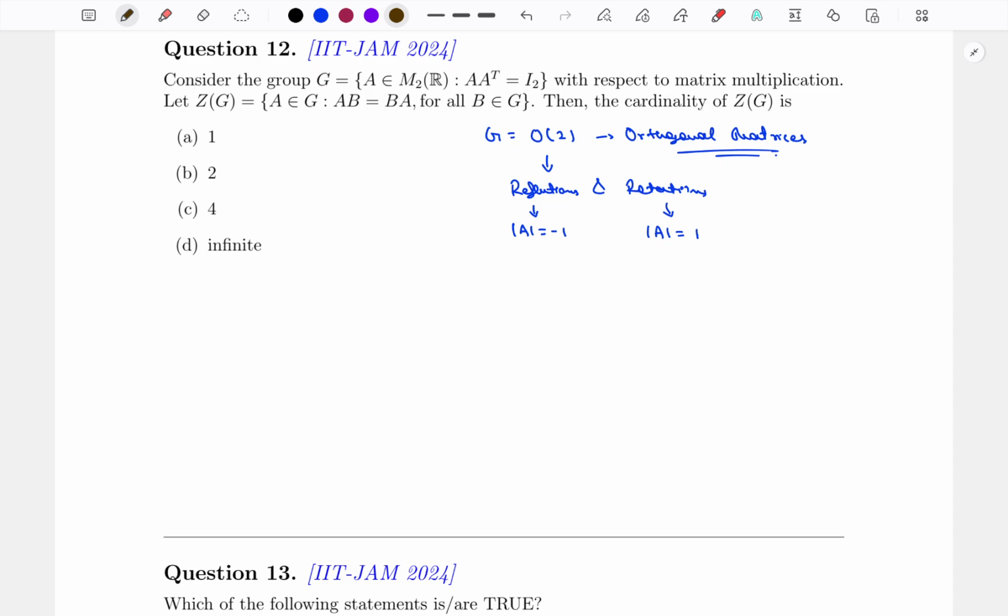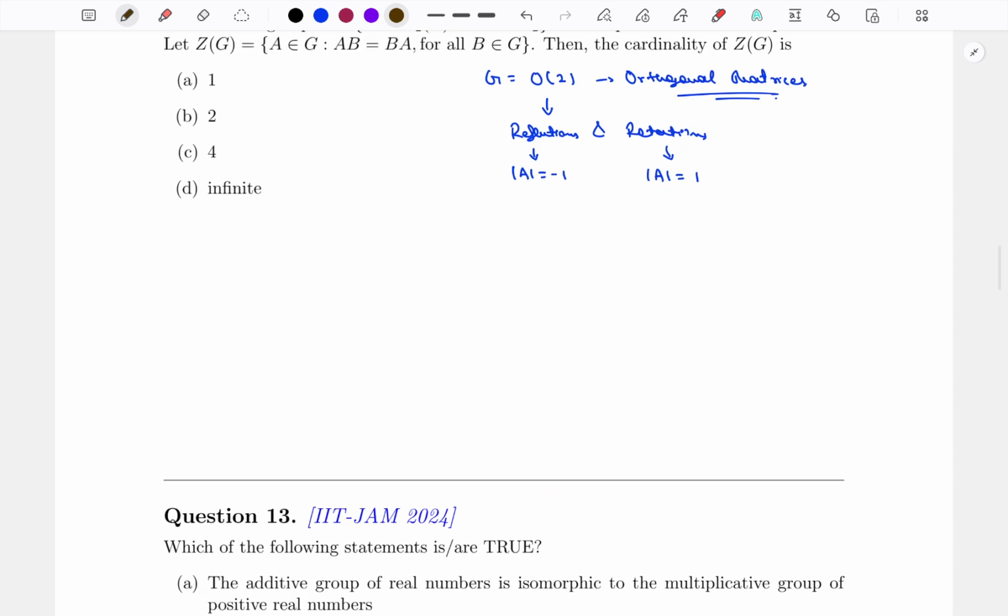So you can take this to be a phrase which is highly relevant to matrix groups. That is, suppose lambda is a collection of a large set of matrices, possibly a large set of matrices, then the center of this is approximately always the collection of scalar matrices.